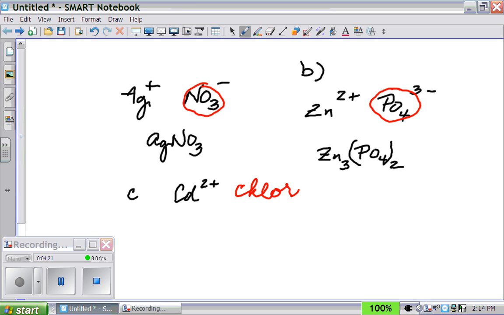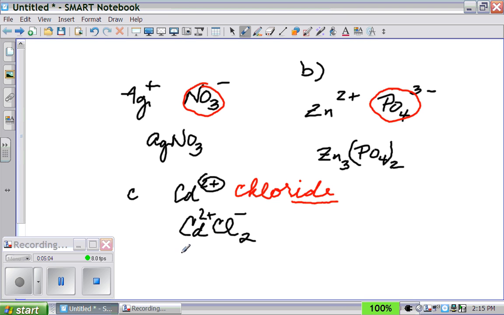And we know that when we have a single atom with no oxygen, we are going to change the name from ene or ine to ide. So cadmium chloride will be CdCl. And because we have a 2+ here, and chlorine is a 1-, then we're going to have to drop a 2 down here so that these two 1-'s cancel the 2+. And now we've solved that problem.